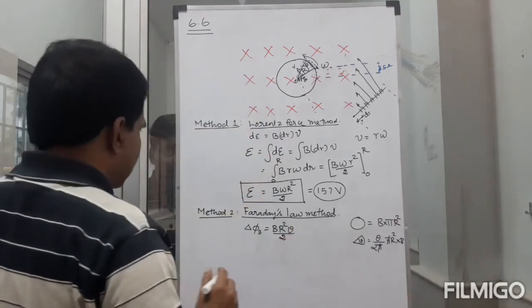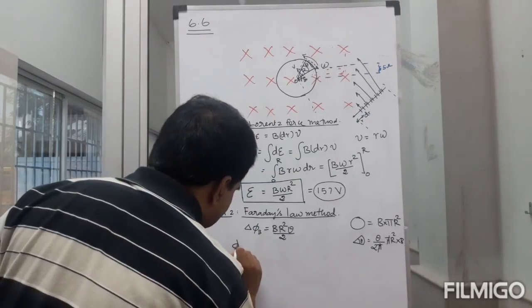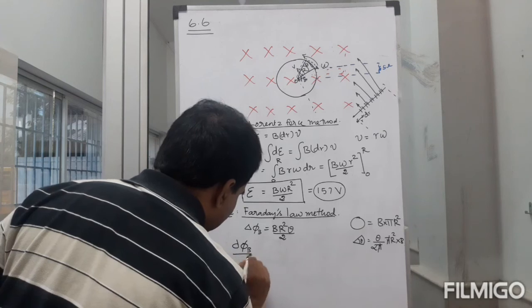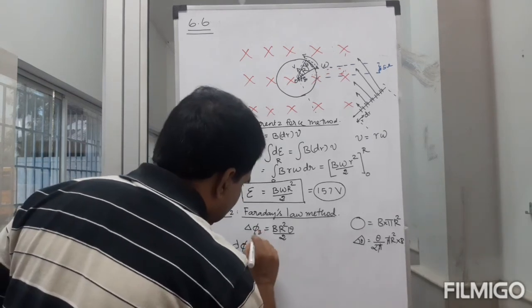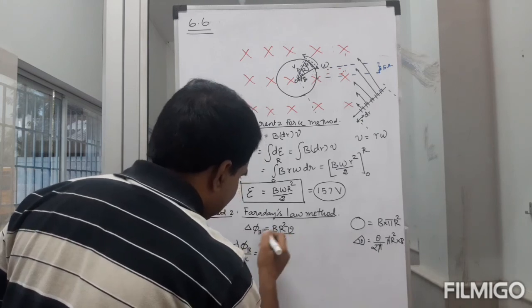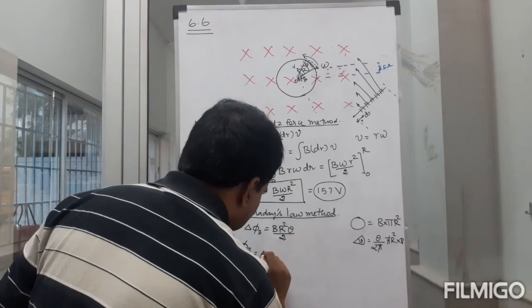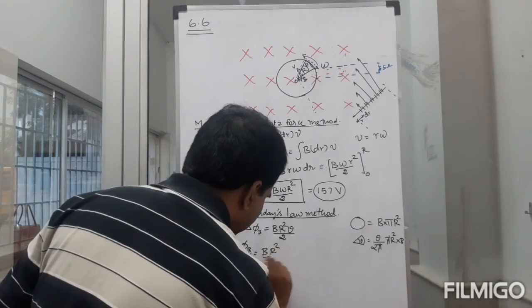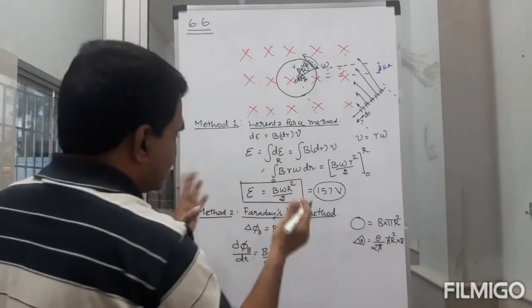But now I need to do d phi by dt. So d phi B by dt is going to be equal to delta phi by delta t. If I do that, then I get B r squared by 2 into theta by the time it took to move.